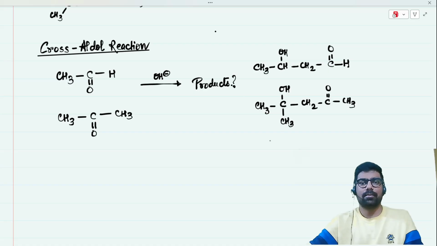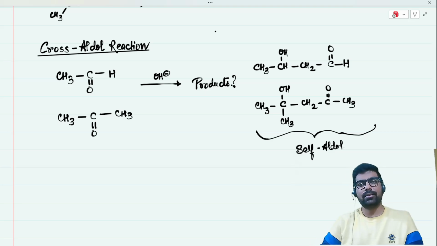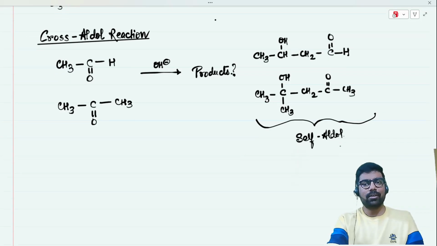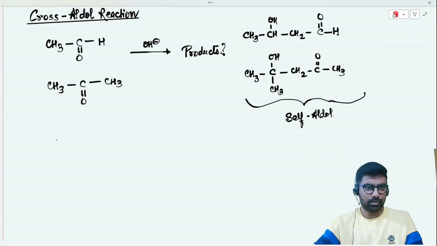So these are my self-aldol products that will be formed. The mechanism of how they take place we have already discussed previously. Now, along with the self-aldol product, we will get a cross-aldol product also.